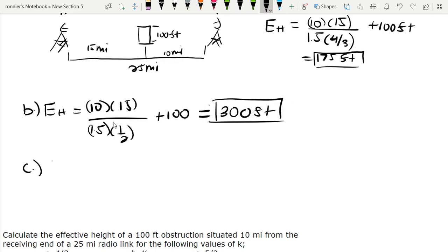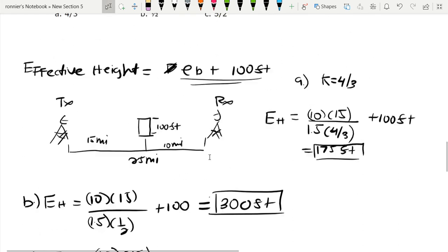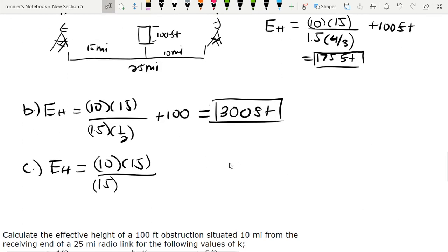So, letter C, E sub H equals 10, 15, 1.5, and then, ang value ng K natin is 5 halves or 2.5 plus 100, 5/2, 140 feet.